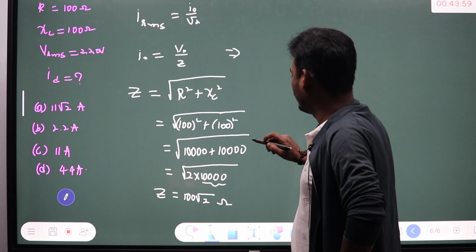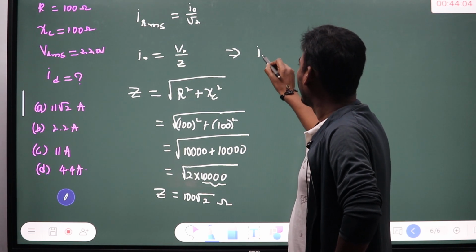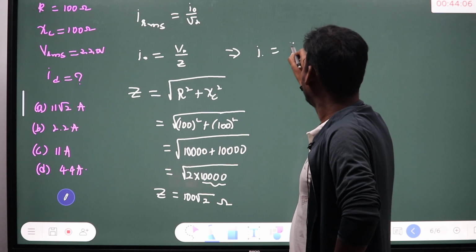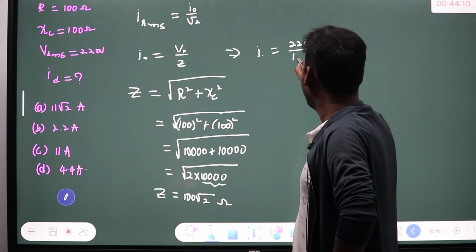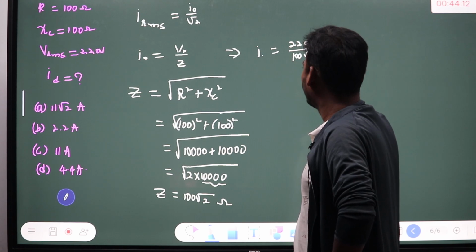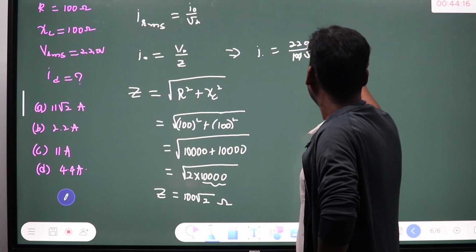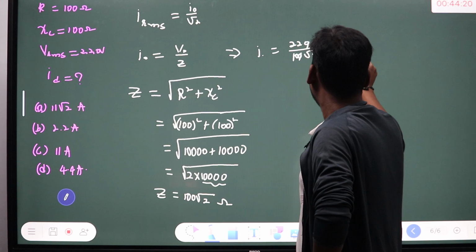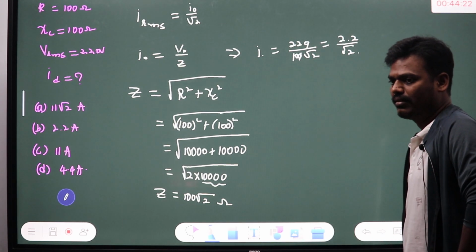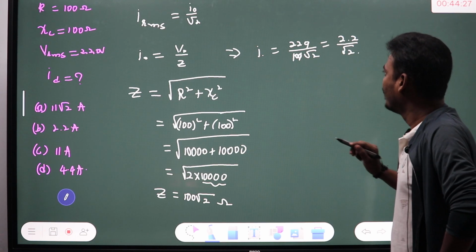How much will you get? I naught is equal to 220 divided by 100 into root 2. Correct? So the 10s get cancelled. So here 2.2 divided by root 2. Am I right? Because 22 by 10 is 2.2.